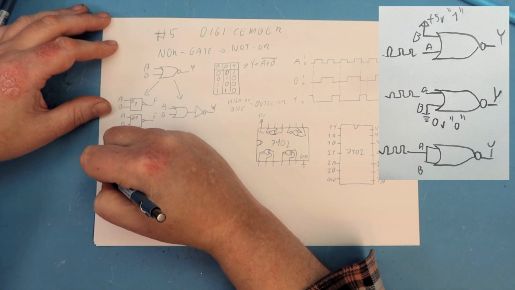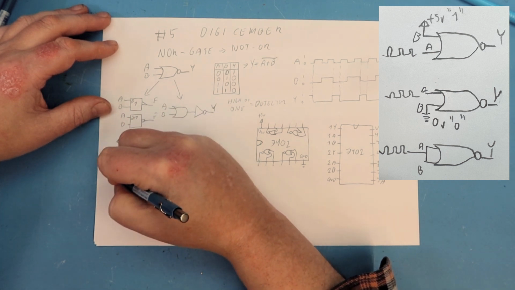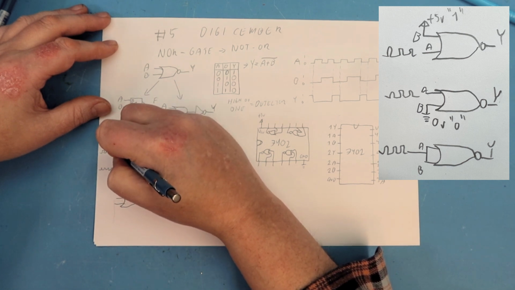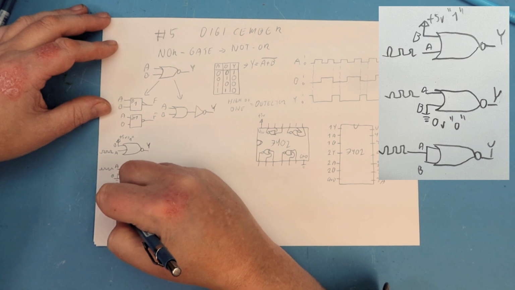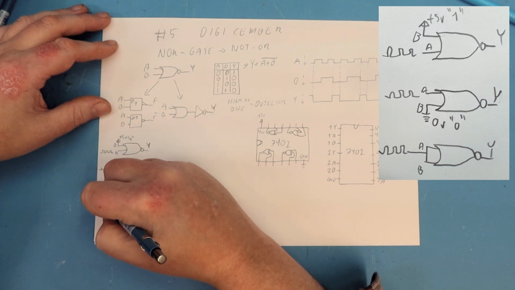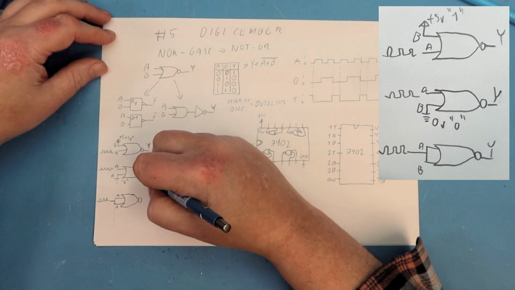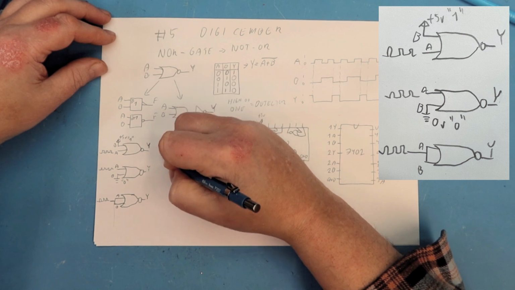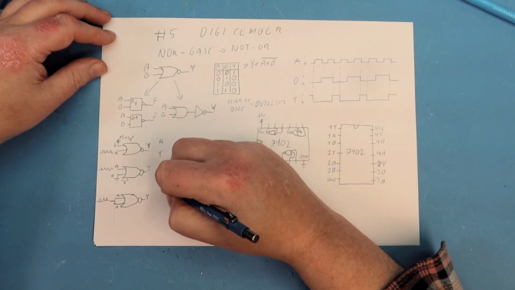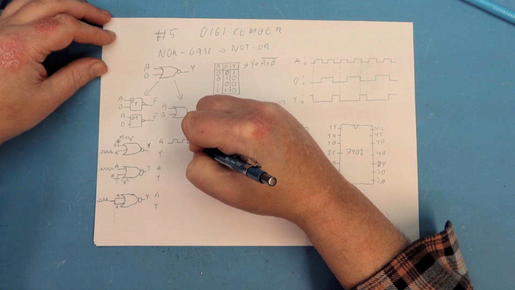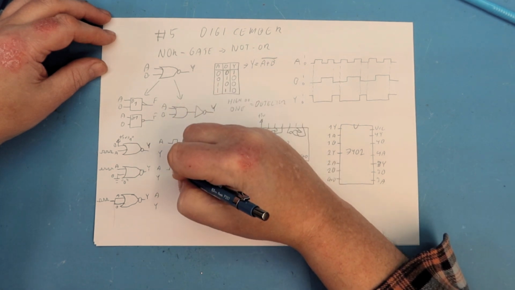We have the pulse train in like so, and this is the A, this is the B, this is the A, this is the B, and here we put them together, A and B, and we have the pulse train in like so. Of course I have to draw the Y's, and we can see here this is the A, this is the Y, this is the A, this is the Y, this is the A, this is the Y, and I can just try to draw the pulse trains.